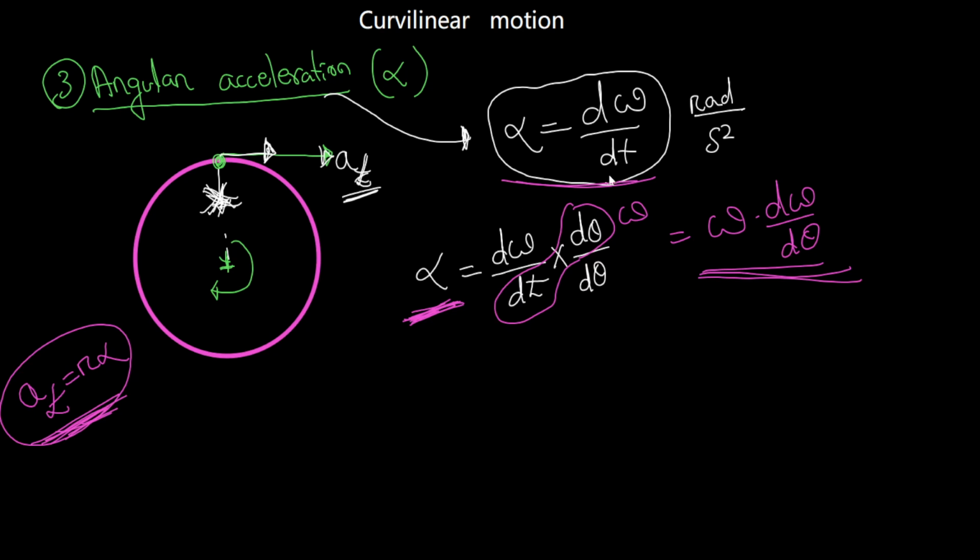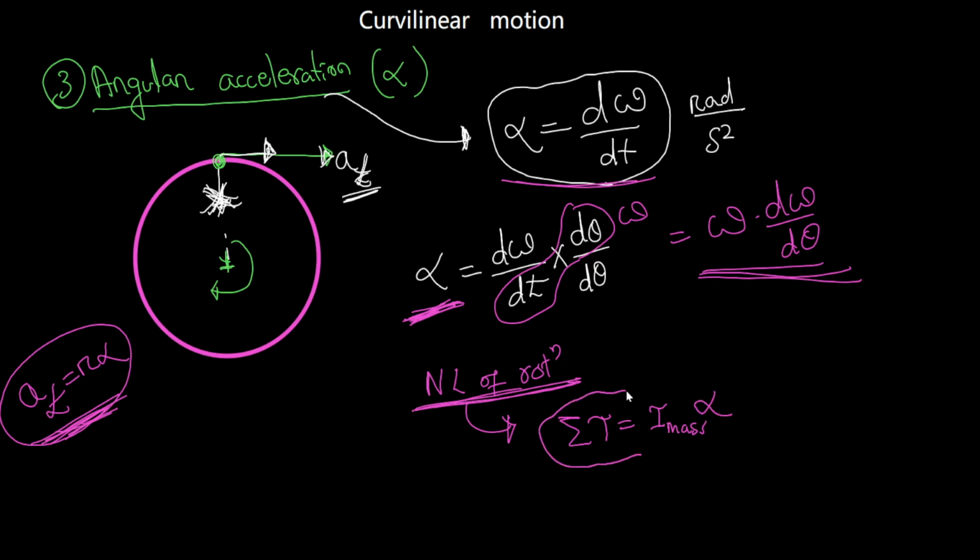There is another one. We have talked about net force is equal to mass into acceleration, Newton's law. Now for Newton's law of rotation, in case of rotation of any object, there is a law: net torque is equal to I, that is the mass moment of inertia, into angular acceleration alpha.